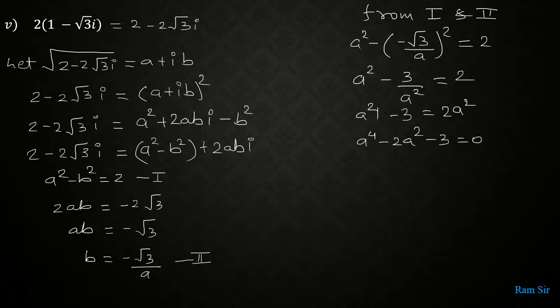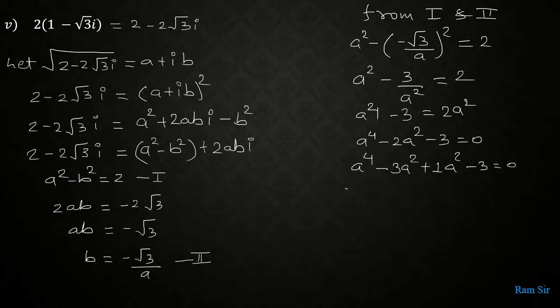So now splitting the middle term, it's a type of quadratic equation, not exactly a quadratic equation. So next step, for a raised to 4, we need two numbers whose subtraction is 2. So we are writing minus 3a square plus 1a square minus 3 is equal to 0, because the two numbers are 3 and 1.